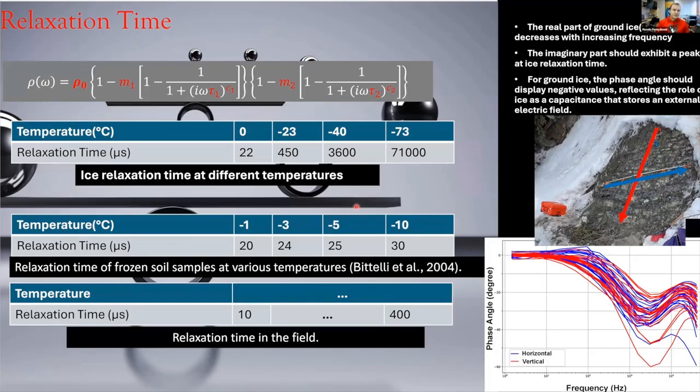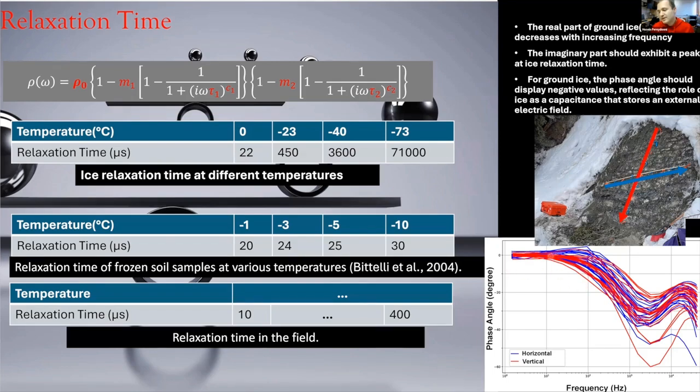Before going for the field measurement, we need to make sure what relaxation time is related to ground ice. Instead of just using the Cole-Cole equation, we use a double Cole-Cole equation because there is some probability of something else mixed with ice. So we extract two relaxation times. Based on other research and what we did in the field, we ran some short field measurements at the head wall of the Soa slump, which was full of ground ice.